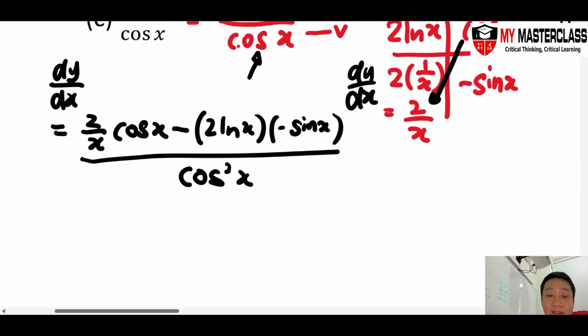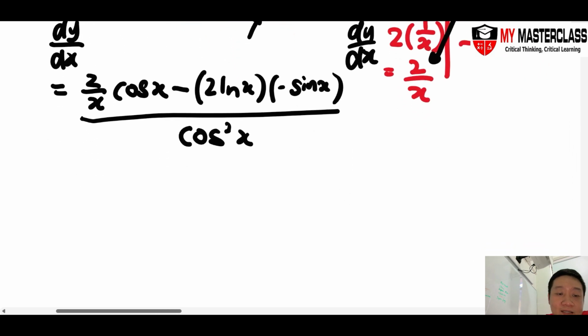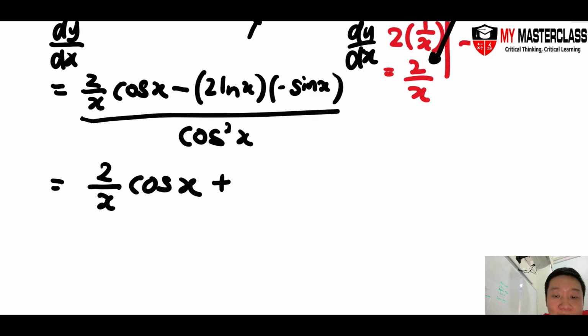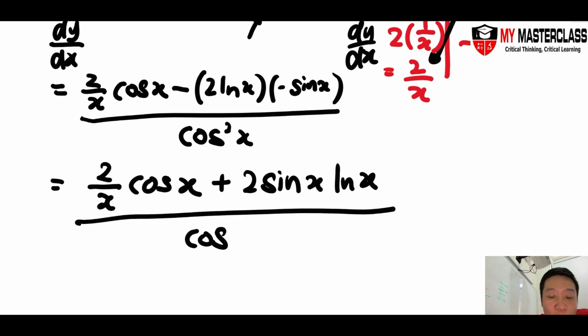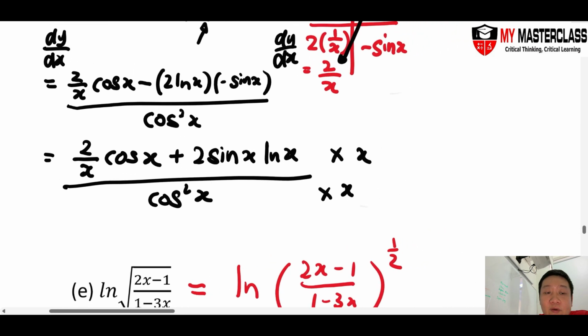Do not leave your answer in this way. Always simplify your answers. So for the numerator, you will have 2 over x cosine x plus 2 sine x ln x. Notice how I combine these two functions together, over cosine squared x. You cannot have a fraction as a numerator, because there's a 2 over x, but you have to multiply both the numerator and the denominator by x.